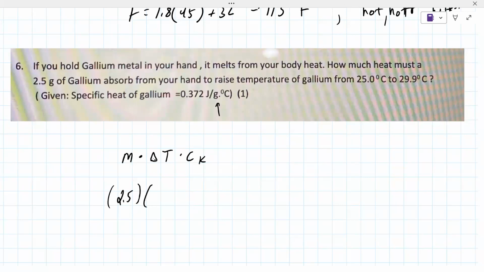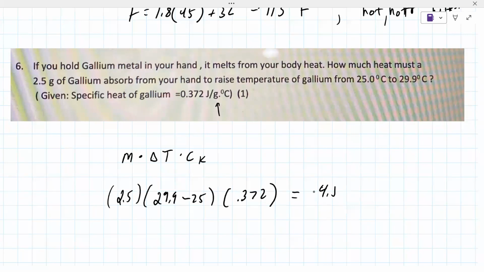You have to be careful with your change, sometimes it can be negative. 4.9 degrees.